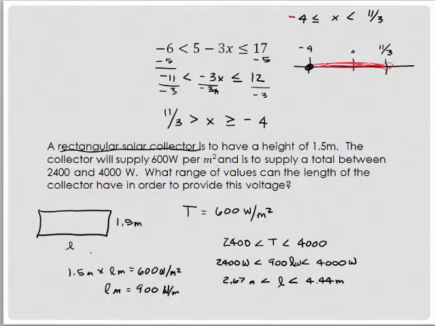So this L, this length, can be anything in between 2.67 and 4.44 meters and still stay within this total wattage. All right? So we just used our inequalities for area, and then we used our two extremes that we were given in the problem.